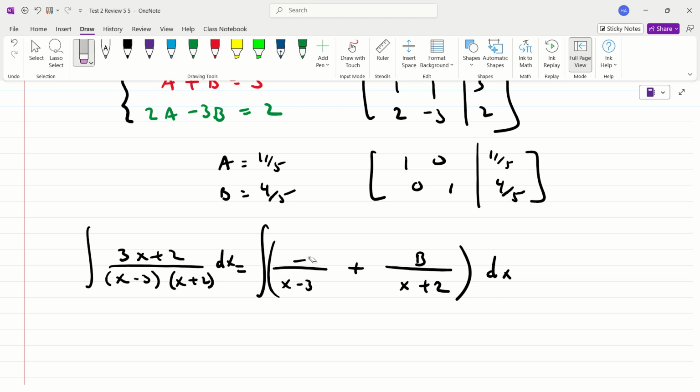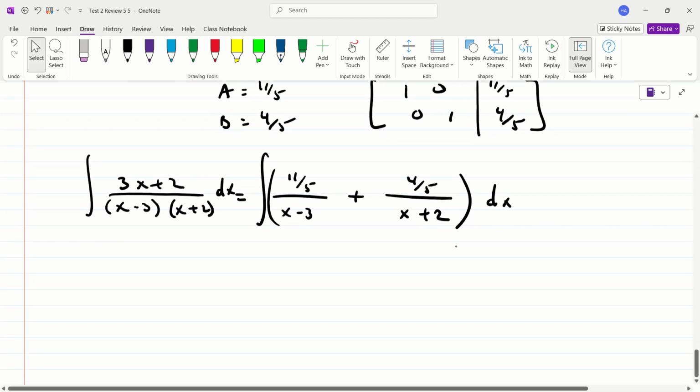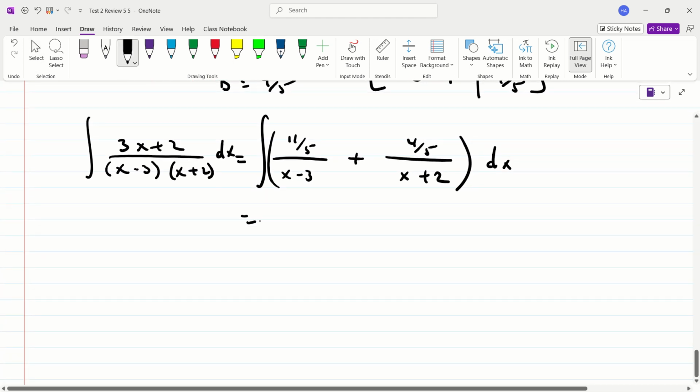But now we know the value of A is 11 over 5, and the value of B is 4 over 5. Right? So having these constants, we can then take the antiderivative of these functions easily.